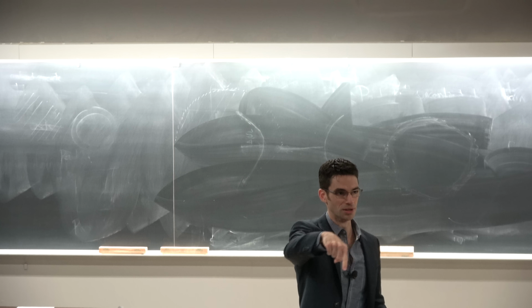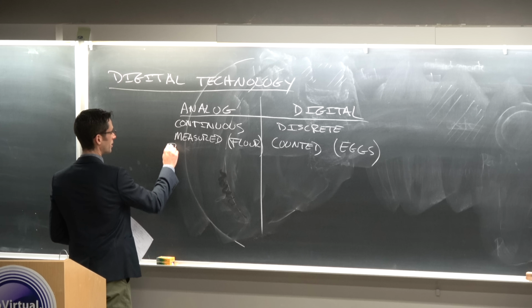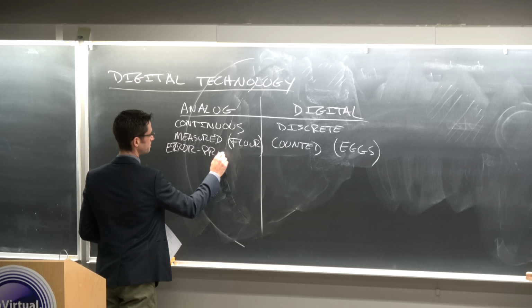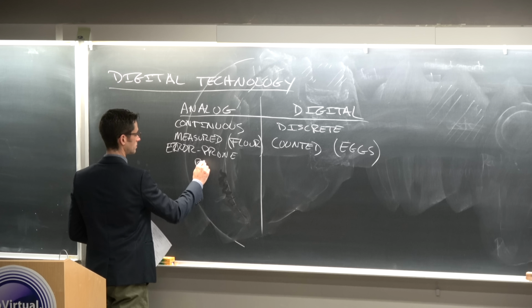So analog technology has error-prone reproduction. And digital has facile, meaning easy, reproduction.